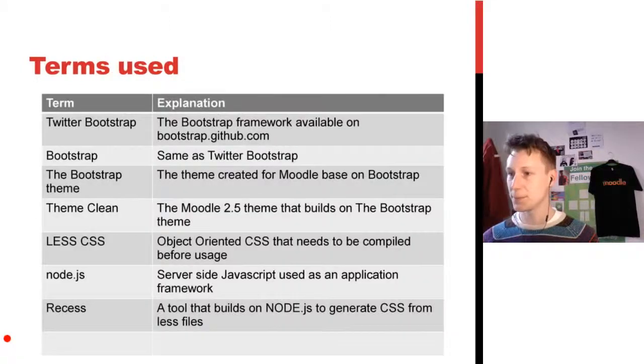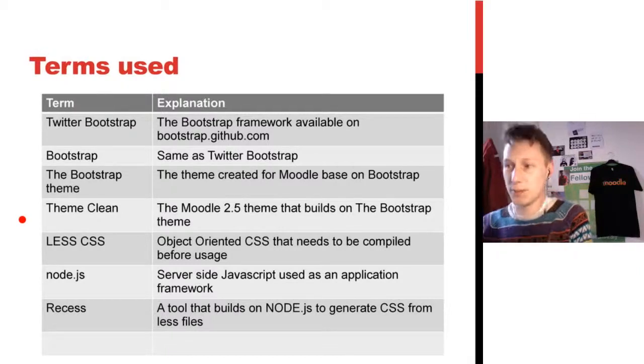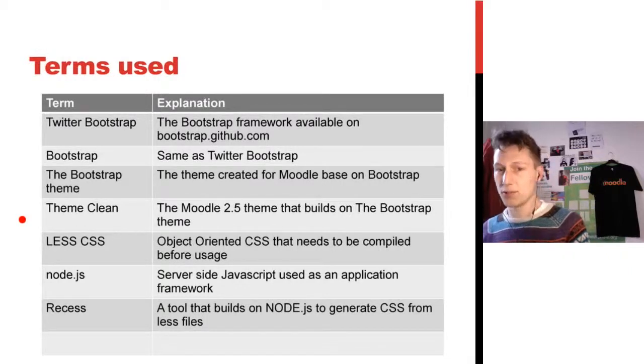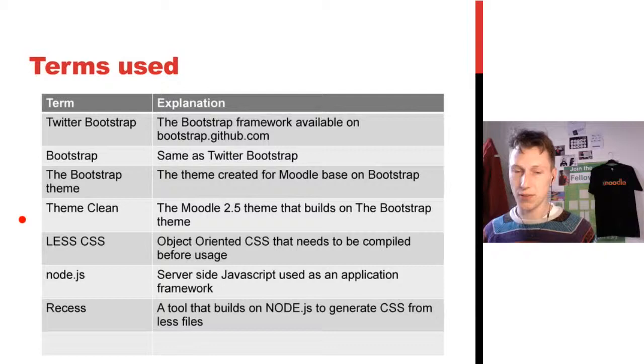In this presentation, I'll be using some terms that you might not be familiar with. First of all, there's the Twitter Bootstrap framework, available from bootstrap.github.com. That framework was used to create the Bootstrap theme. It's used for creating other types of applications as well.